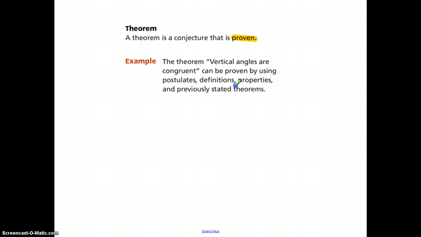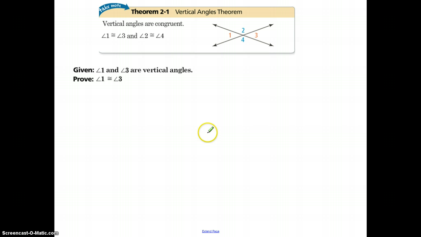And you can prove it by using postulates, definitions, properties, and any other previously stated theorems. So that's what we're actually going to do next, is we're going to look at the vertical angles theorem and we're going to prove that it's true using postulates, theorems, definitions. Okay? Vertical angles theorem says vertical angles are congruent, which means angle 1 is congruent to angle 3 and angle 2 is congruent to angle 4. And I can prove that.